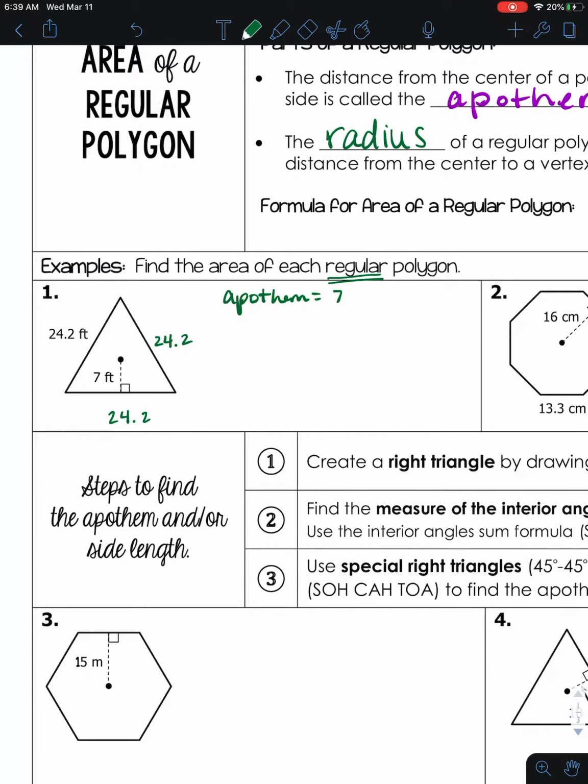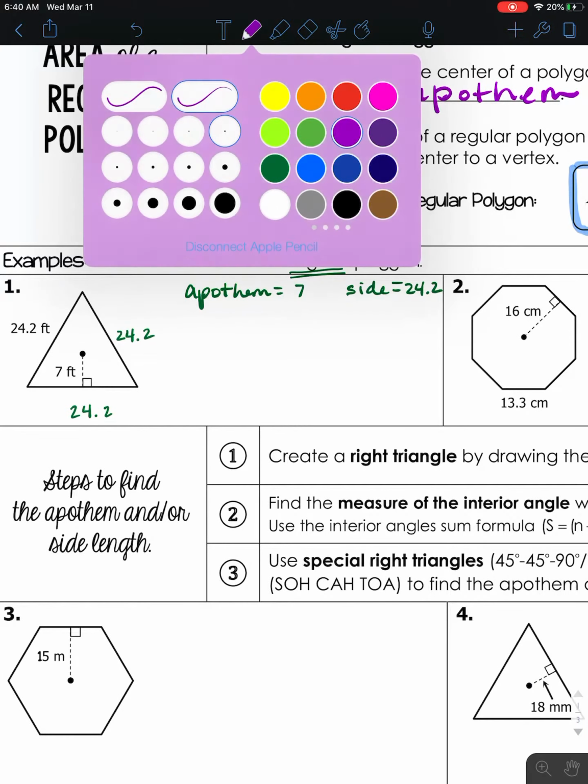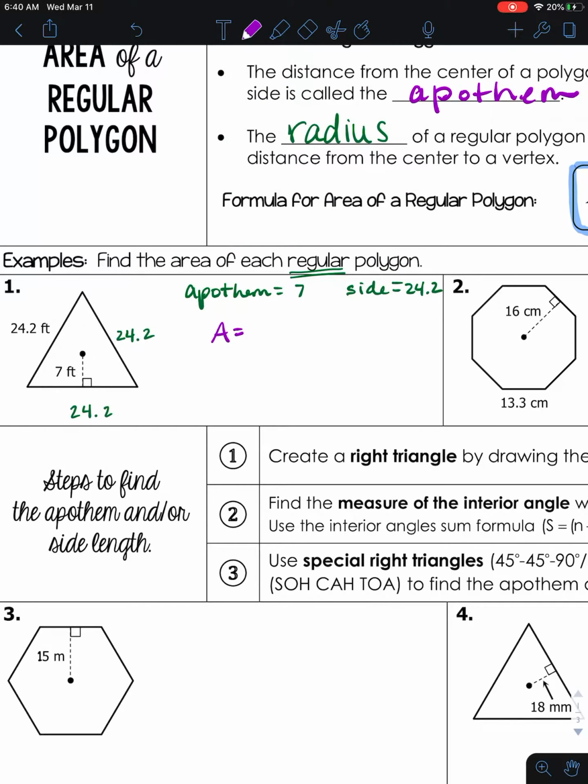In my formula, to find the area, I need the apothem times the perimeter divided by 2. So I need to figure out the perimeter. That's going to be the side length, 24.2, multiplied by the number of sides, which is 3 in this case.